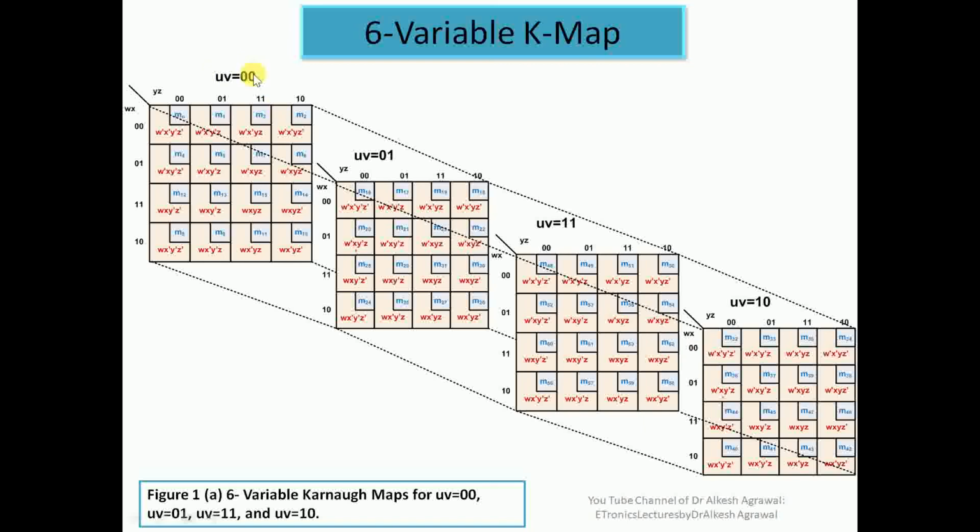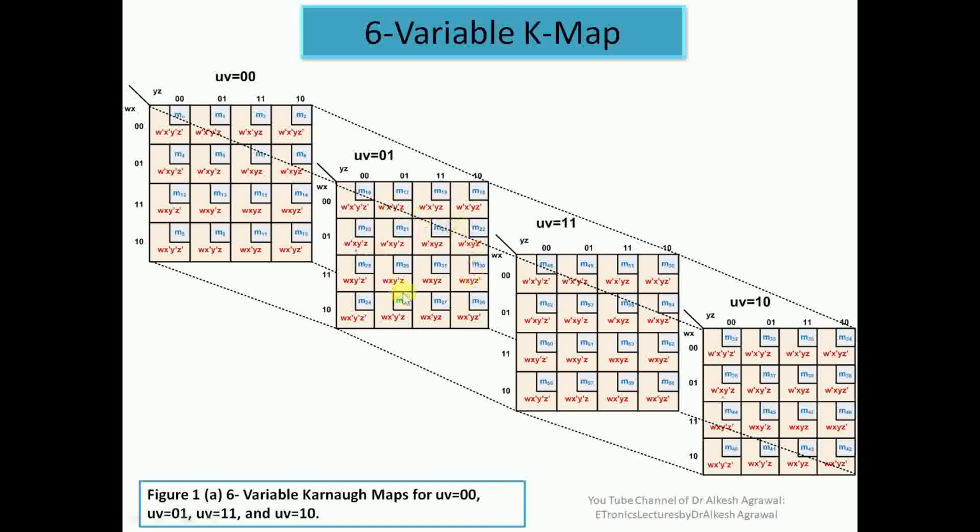And these are assumed to be overlapped with each other. UV equal to 0 0 is being overlapped by UV equal to 0 1. UV 0 1 is being overlapped by map UV equal to 1 1, and UV 1 1 map is being assumed to be overlapped by map UV equal to 1 0, as well as they are connected in circular position, that is, minterms in UV equal to 0 0 can be combined with minterms from UV equal to 0 1.